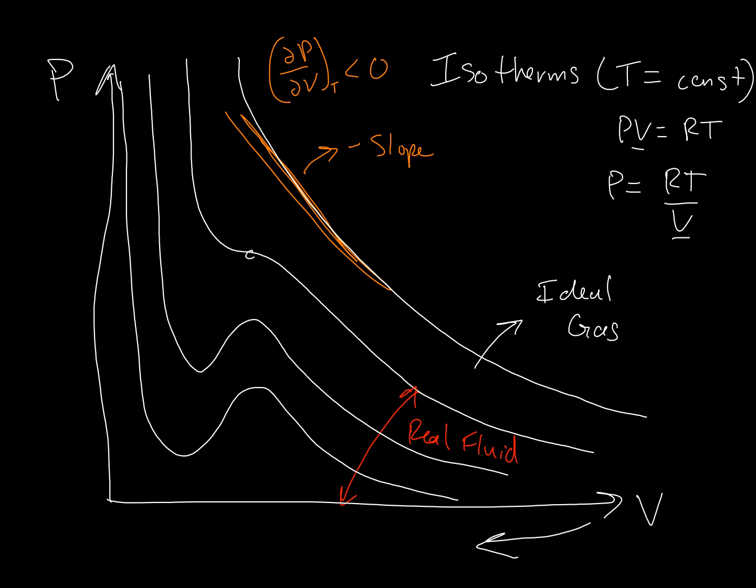Does anyone want to venture a guess as to what this point is right there? Not quite. It's only one point. It's got a specific temperature, a specific volume, and a specific pressure. Critical point.